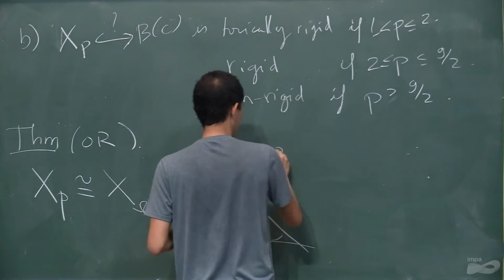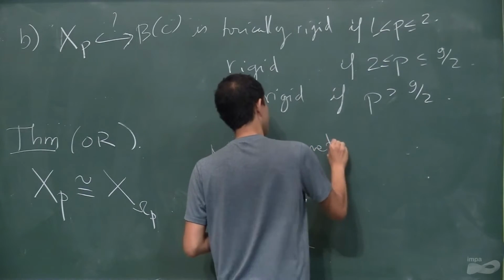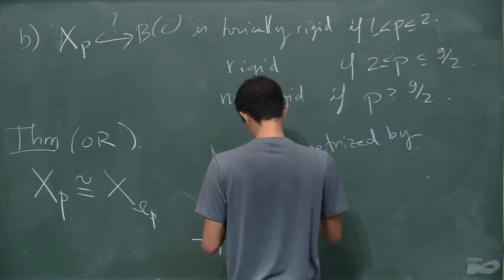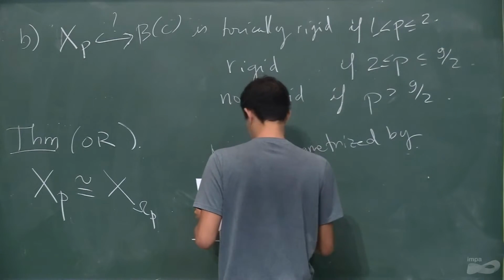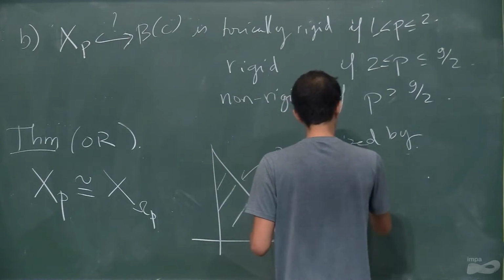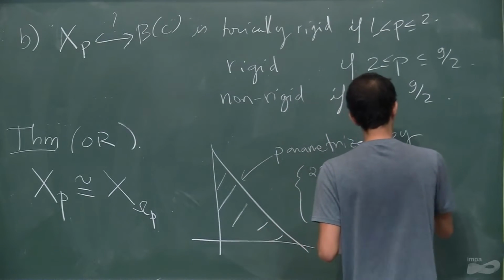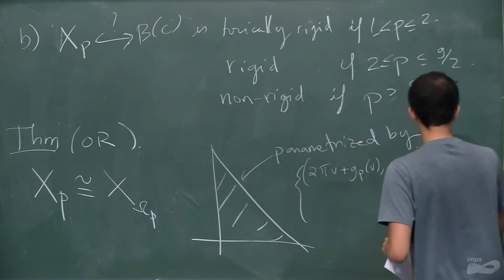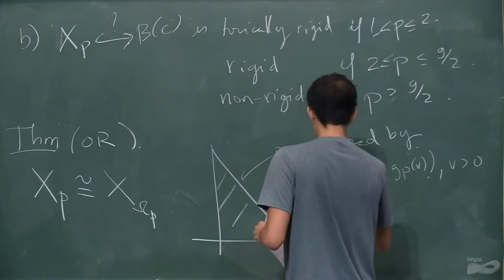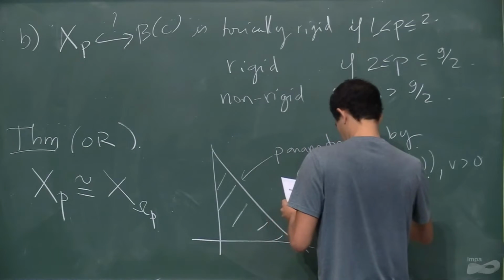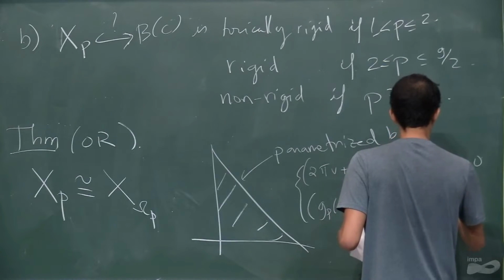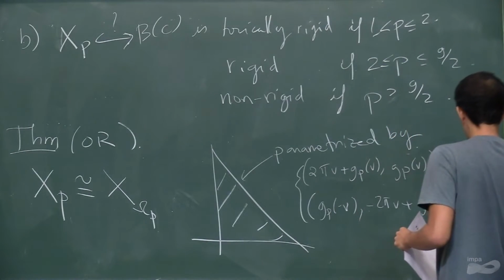So this is parametrized by, the curve, I'll write it like this. So it's 2 pi v plus g_p of v, g_p of v for v positive, and then g_p of minus v and minus 2 pi v plus g_p of minus v for v negative.